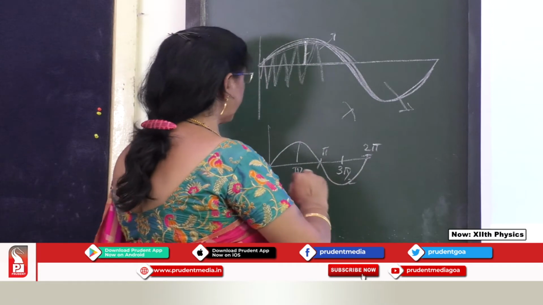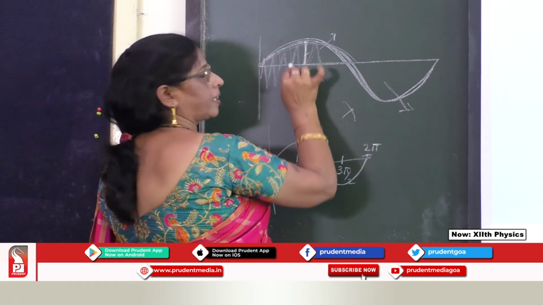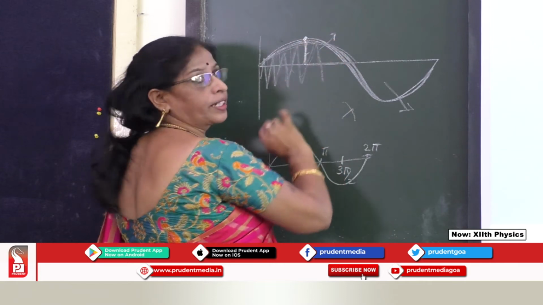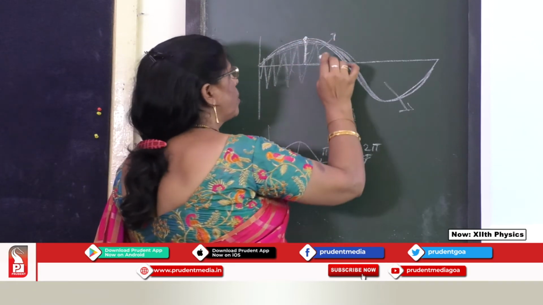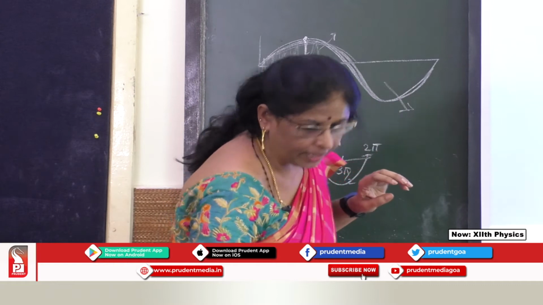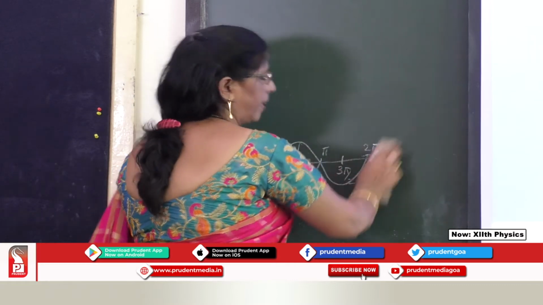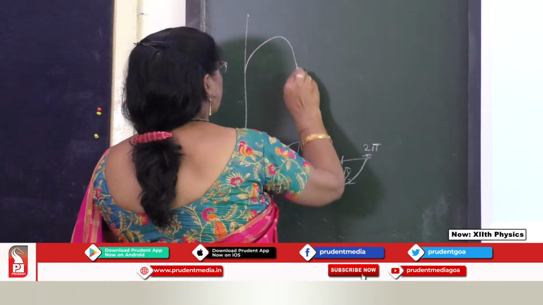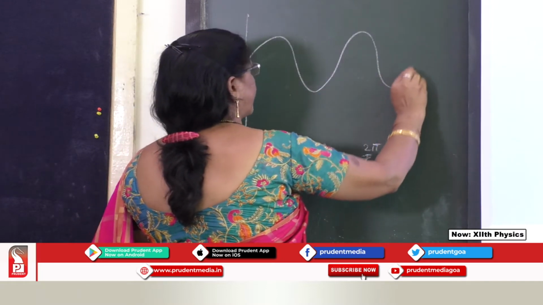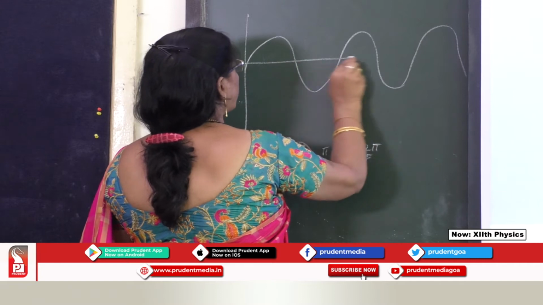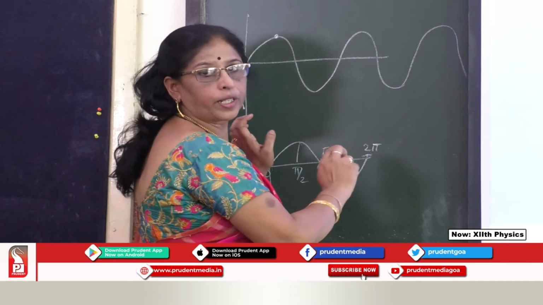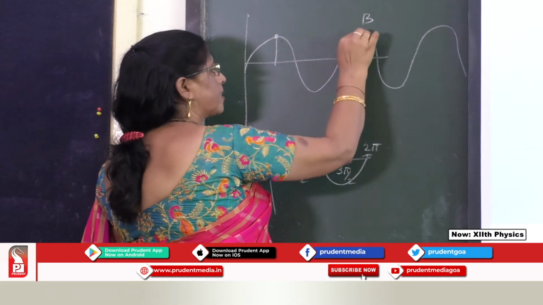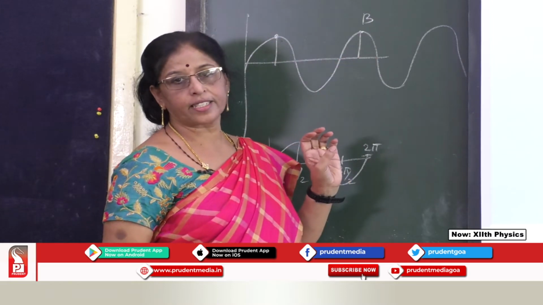When you consider the particles, many particles are vibrating. This particle over here reaches pi by 2. A part of this wave is progressive like this. Now consider this particle over here and this particle over here, they are at the same angle, just 90.